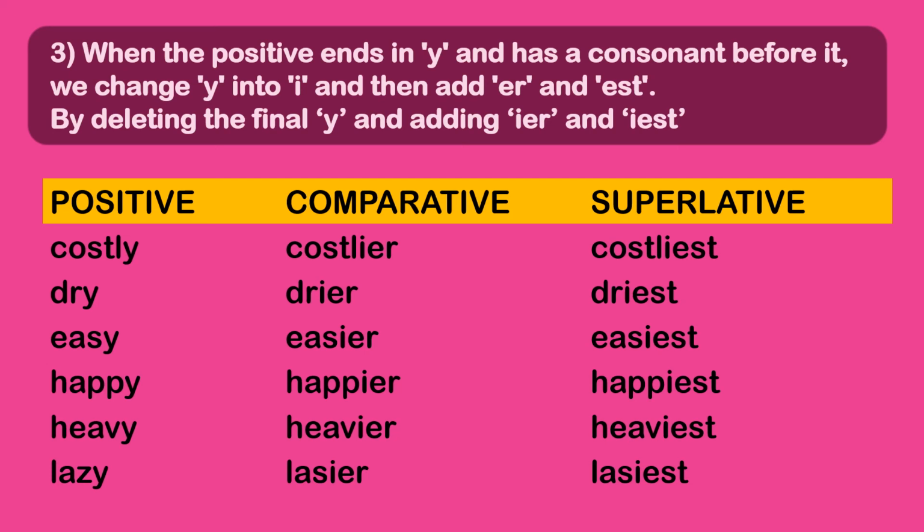R is a consonant. Next, easy, easier, easiest. S is before Y, so S is a consonant. In happy, P is the consonant. In heavy, V is the consonant, and in lazy, Z is the consonant. Easy, easier, easiest. Happy, happier, happiest. Heavy, heavier, heaviest. Lazy, lazier, laziest. So these are the positive, comparative and superlative degrees.